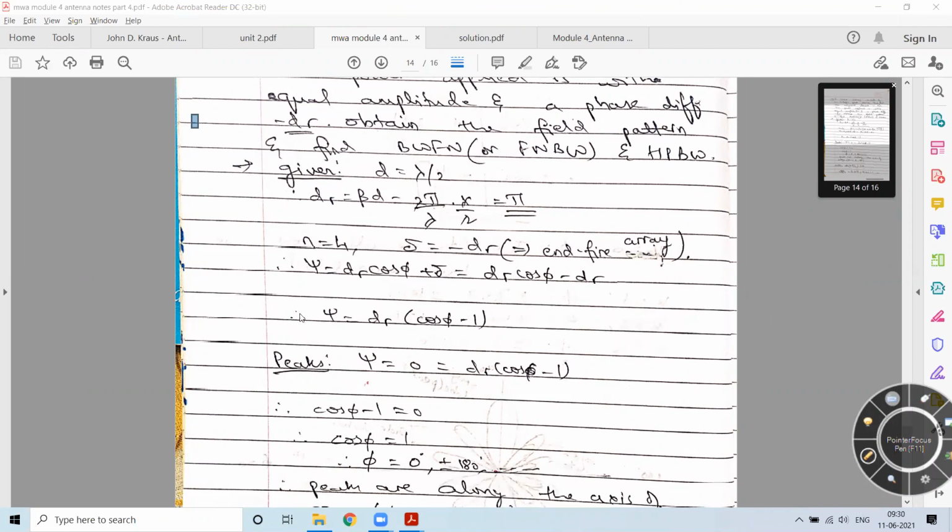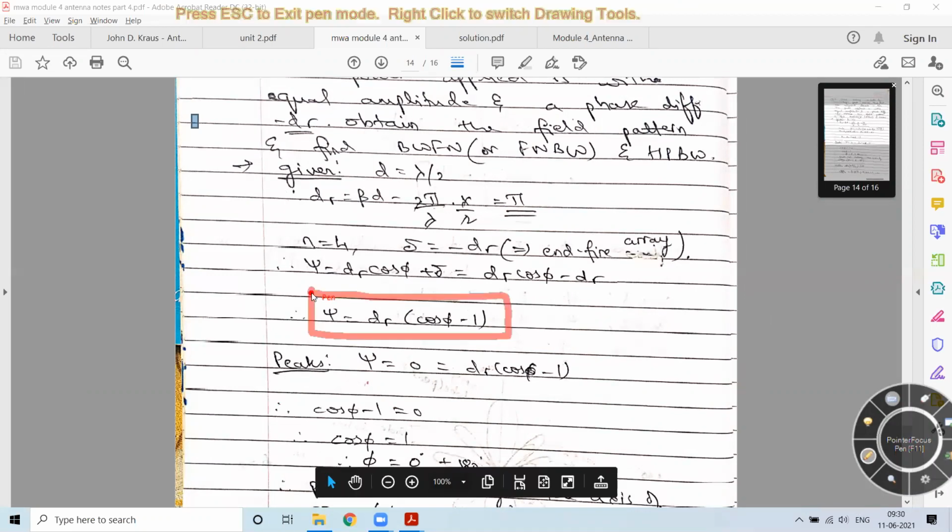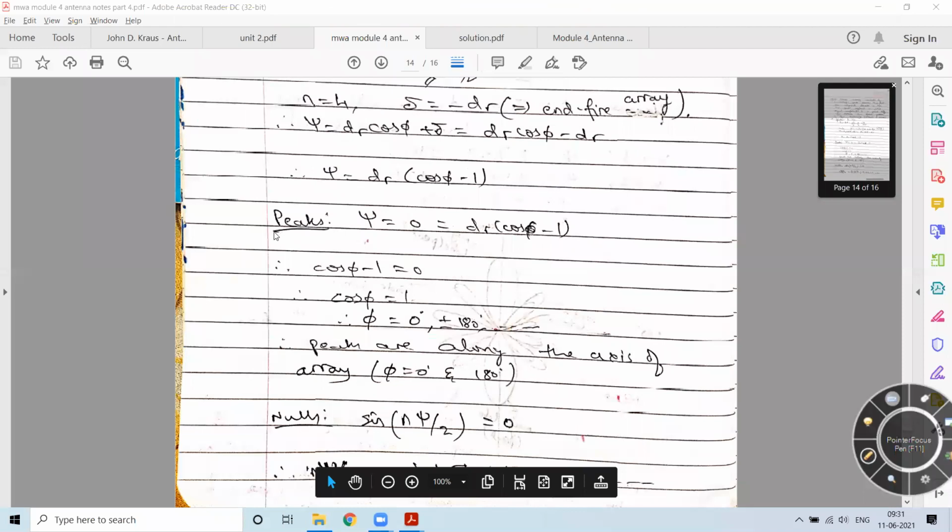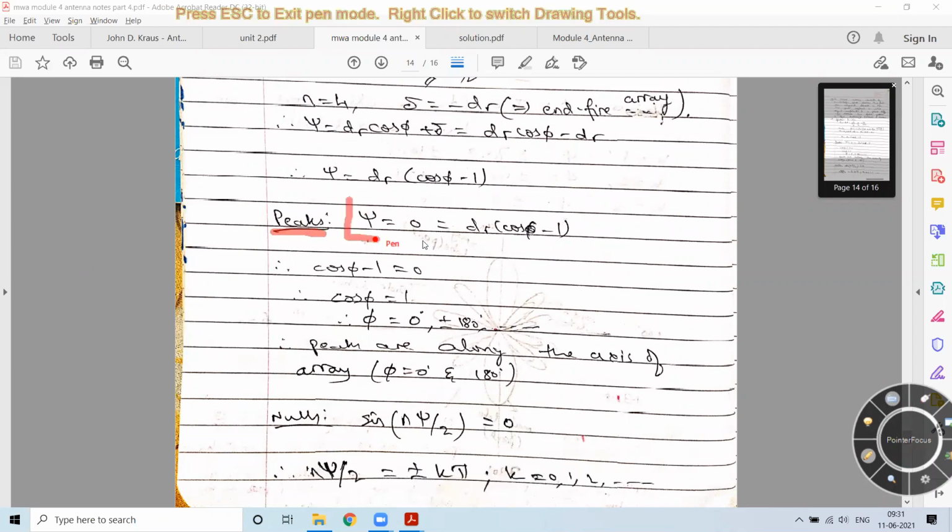So first and foremost, we need to identify the value of psi. Once we have obtained the value of psi, we can go ahead with estimating the direction of maxima or the peak values. I'll be able to obtain the peak values when I equate psi equal to 0.